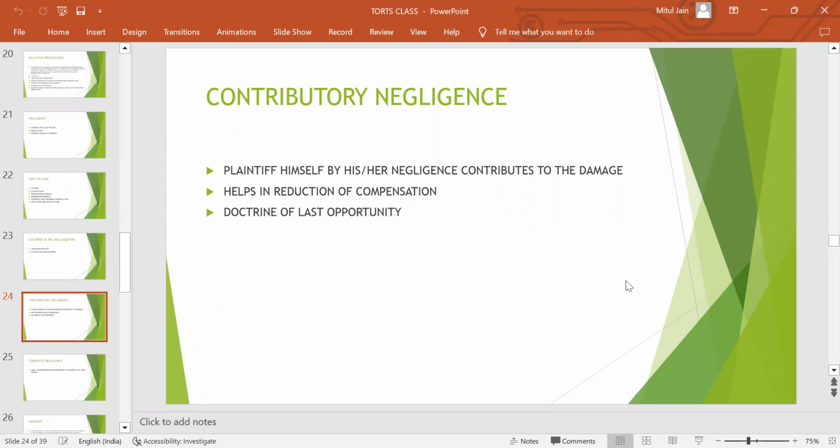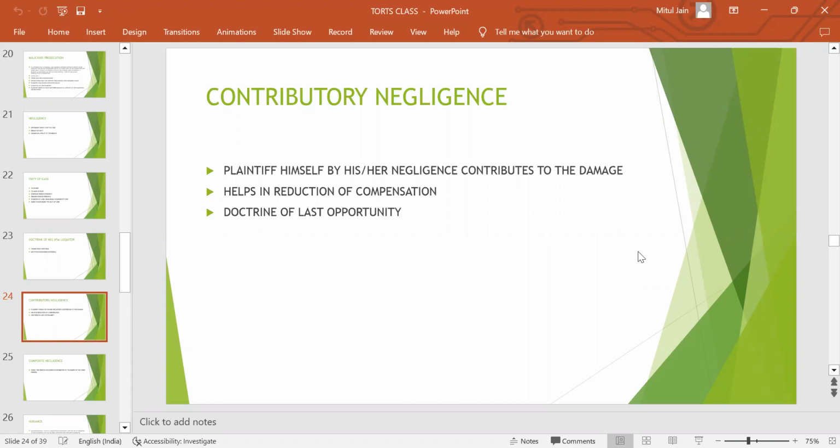Then comes contributory negligence. Contributory negligence is a type of negligence. Now, negligence is actually divided into two categories: contributory negligence and composite negligence. What is contributory negligence? Contributory negligence is basically a situation where both the plaintiff and the defendant are at fault and have contributed to the damage that has been caused to the plaintiff. A simple example: the driver was driving his car at speed more than the permissible limits within the city, and the plaintiff crossed the road when it was green light, so basically when he was not supposed to cross the road.